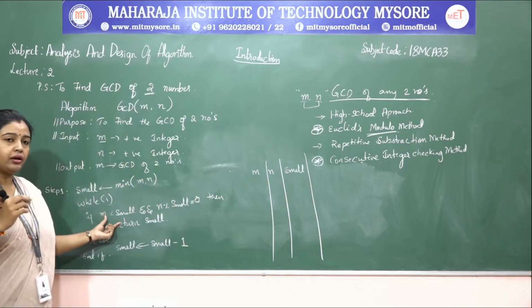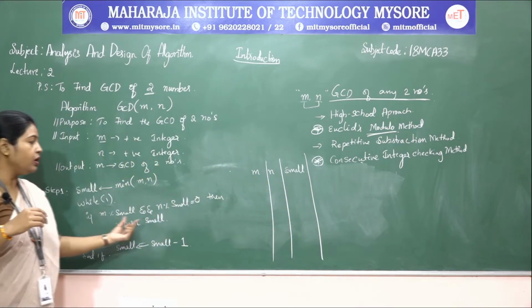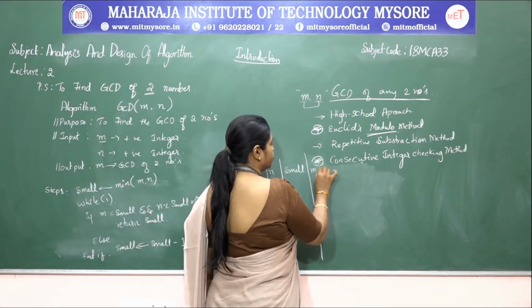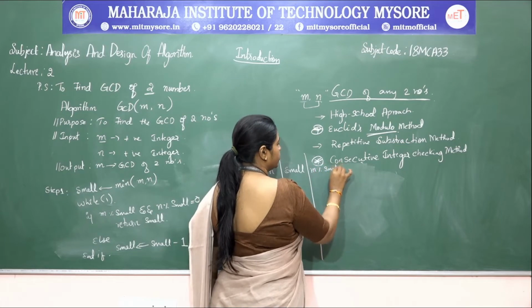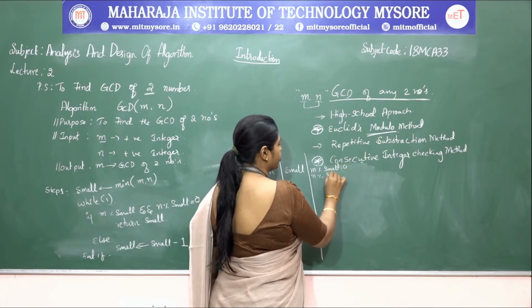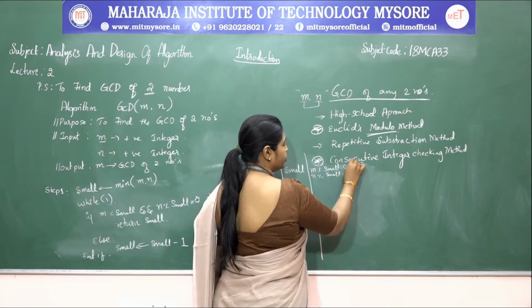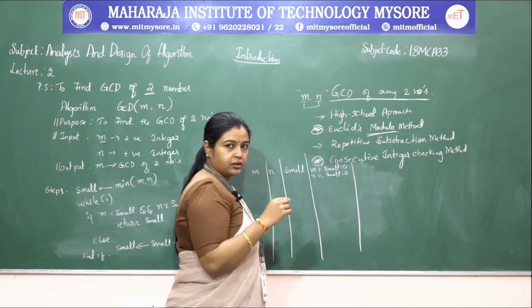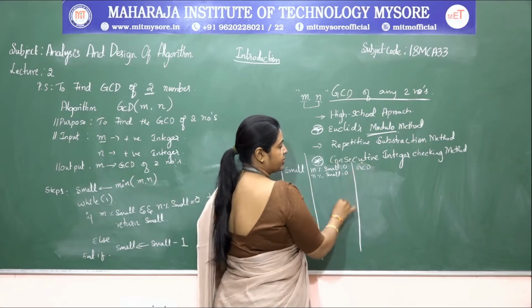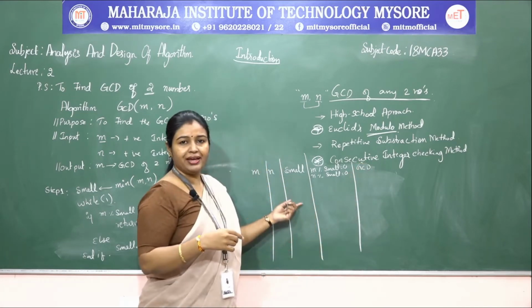One is dividing the first number by small, the second number by small. So that is m mod small is equal to 0, n mod small is equal to 0, we need to check. If so, we need to return GCD, otherwise we need to reduce the small by 1.